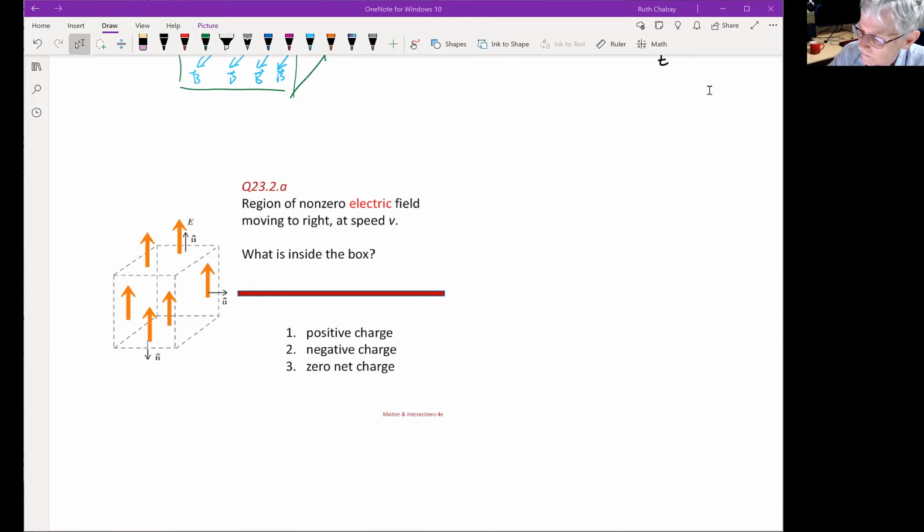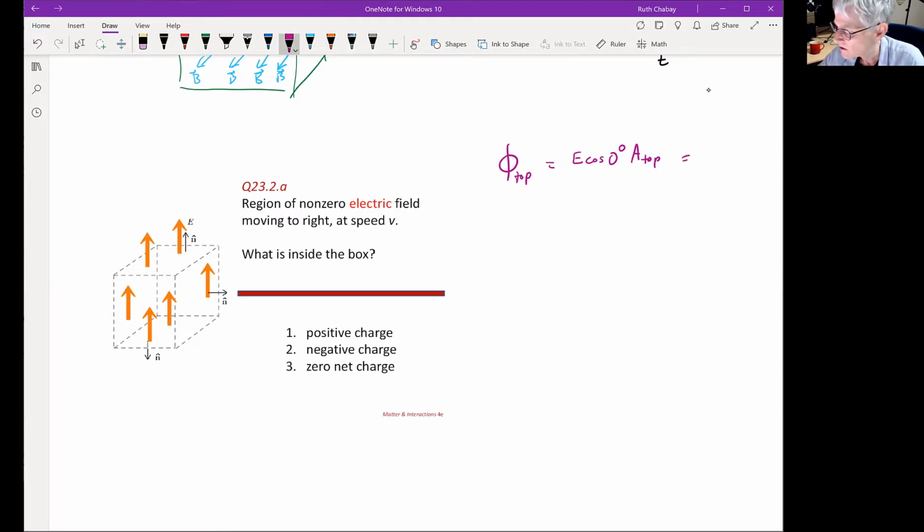So the flux on the top of the box is going to be E times the cosine of 0 degrees times the area of the top.